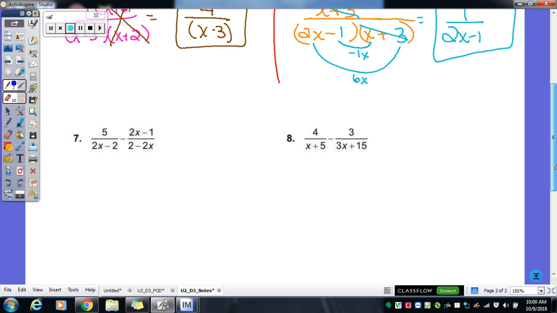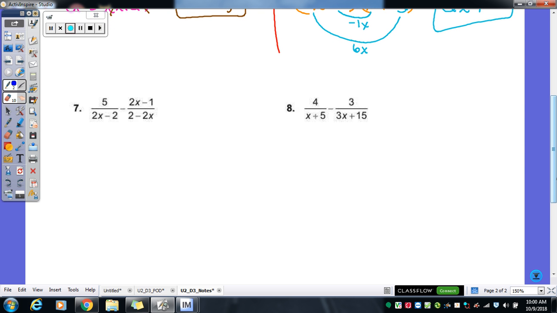All right, 2 more. All right, number 7, what do we have to do to it first? We've got to change the denominator in that second fraction so that it matches the first one. And we'll make that 2x minus 2, which means that subtraction sign is going to change to a plus. So when I change that denominator to make them match, that sign always changes to the opposite.